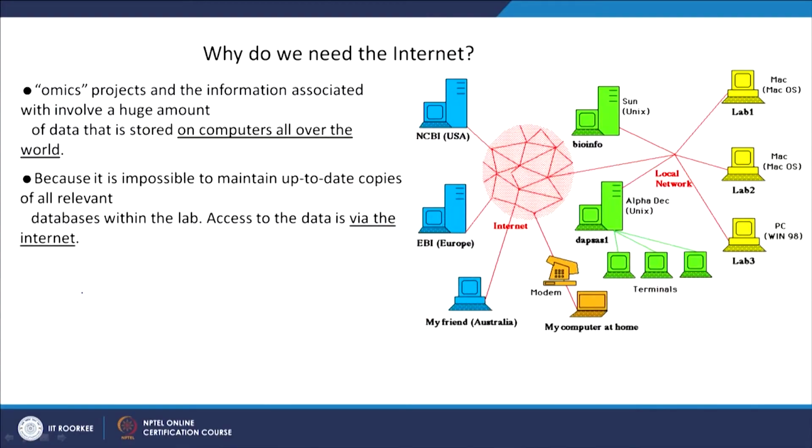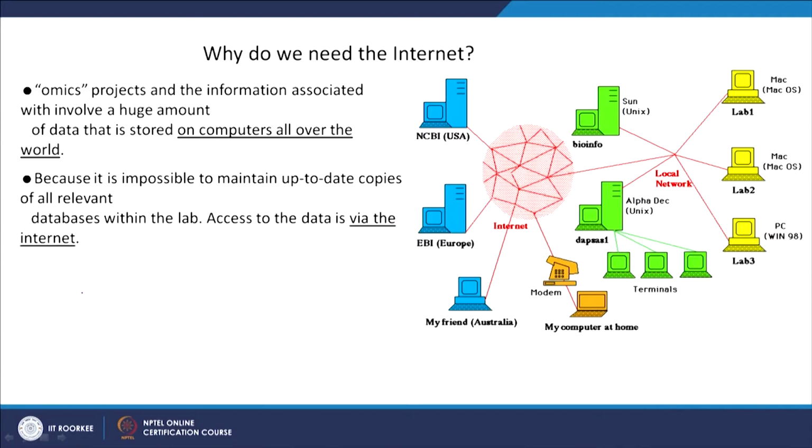Why is this important? Look here, the omics projects like metagenomics, proteomics, metabolomics, all these omic projects, and we have talked about omics before, it means all. These omics projects and the information associated with them involve a huge amount of data that is stored on computers all over the world. So if we are connected to the internet and we are doing metagenomic analyses, our data will be shared by other computers.